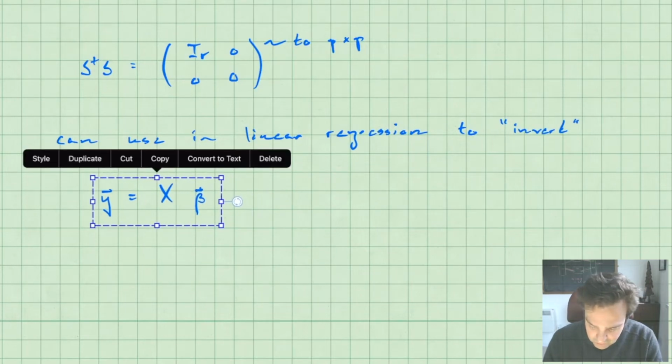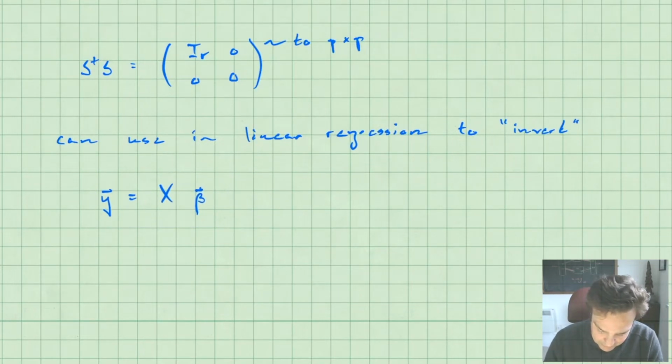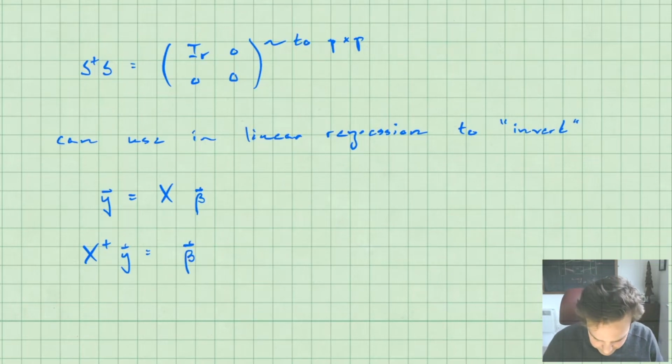You can, quote, invert this by multiplying on the left by X plus. And then what you get is something like a collection of betas, where beta is now equal to V times S plus times U transpose times y.